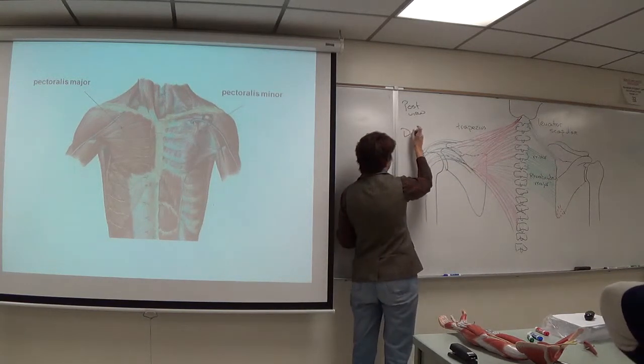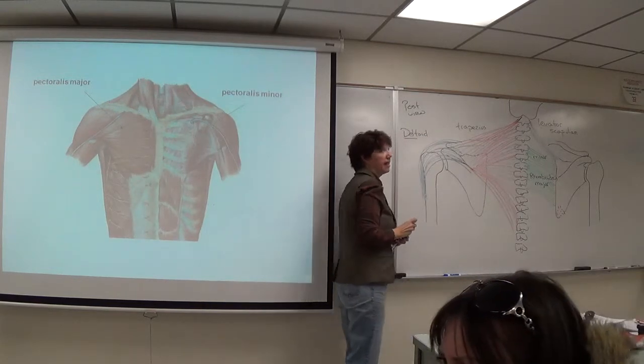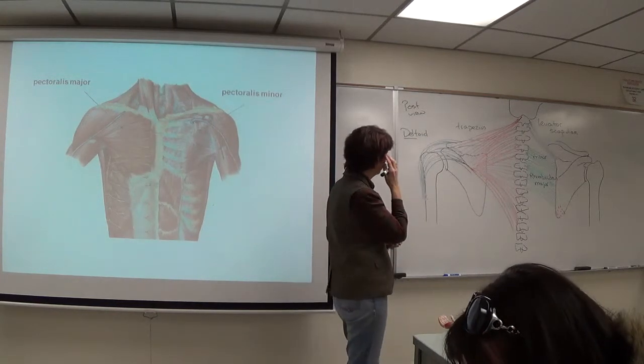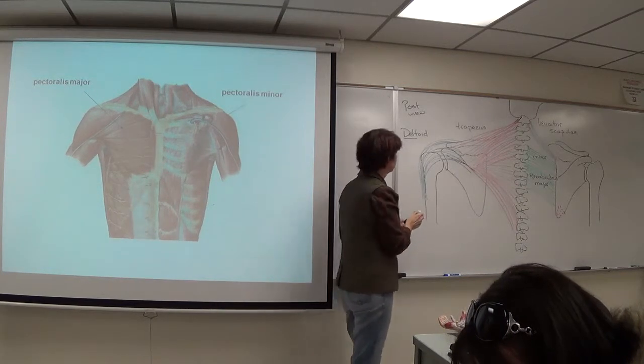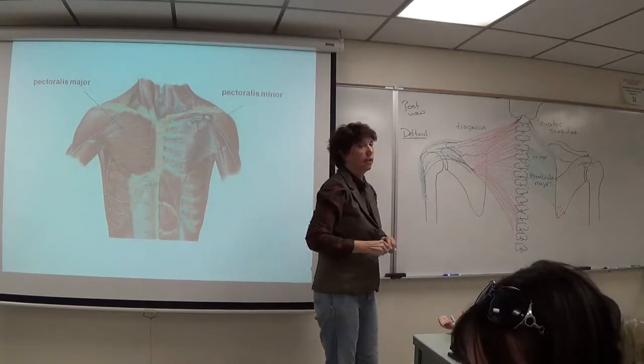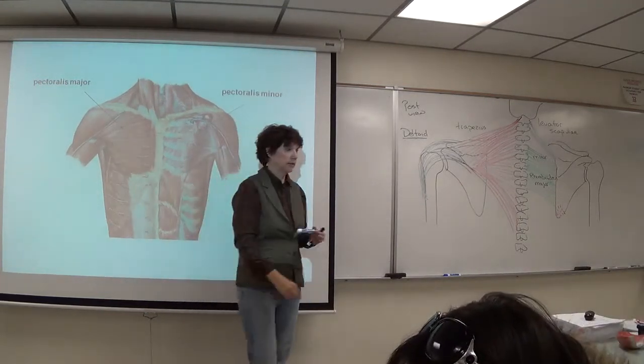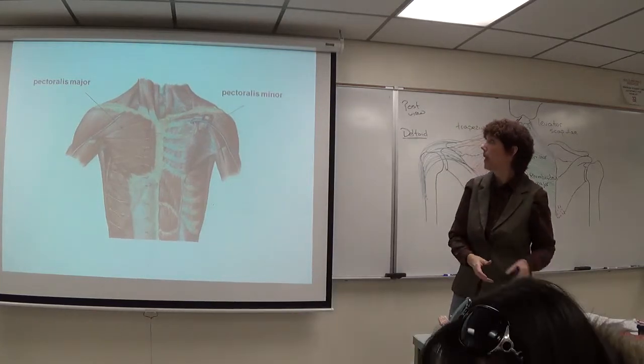Deltoid is innervated by the axillary nerve, and we'll talk about that in more detail on Thursday when we look at the brachial plexus. Okay, from the front and from the back.